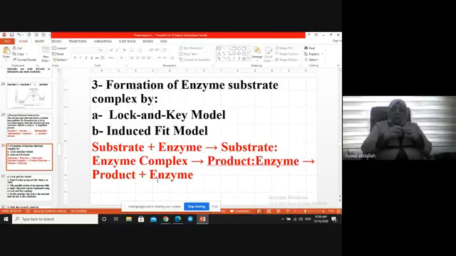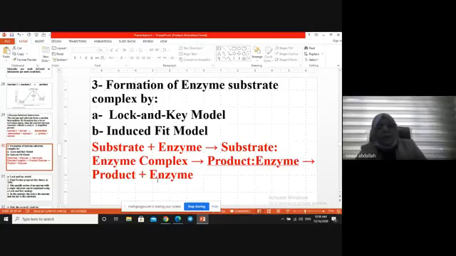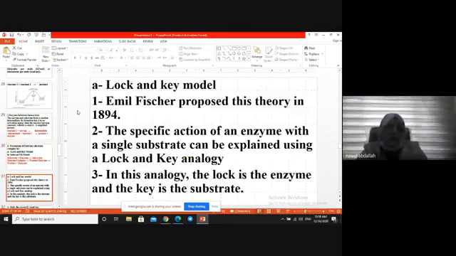It will be released free. This mechanism depends on two models, the lock and key model and the induced fit model. Now we will come to the lock and key model.